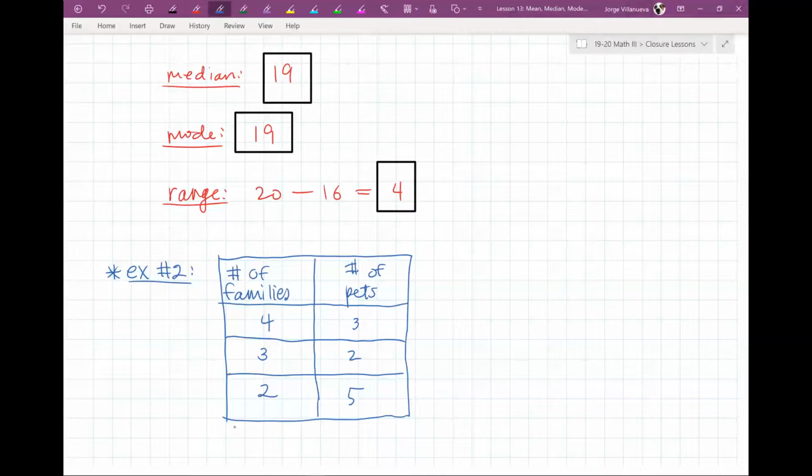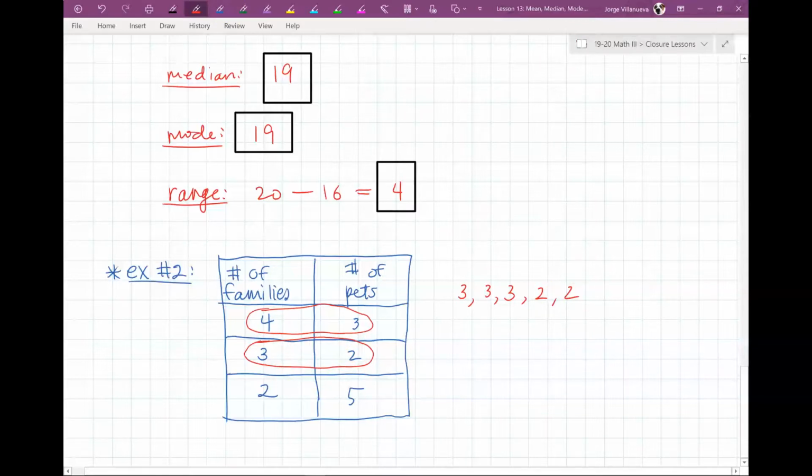They're giving us how many families have that many number of pets. So it says 4 families have 3 pets. So I'm going to write the following: 3, 3, 3. Okay, that's from this information here. And then this says 3 families have 2 pets. I'm going to put 2 and 2.